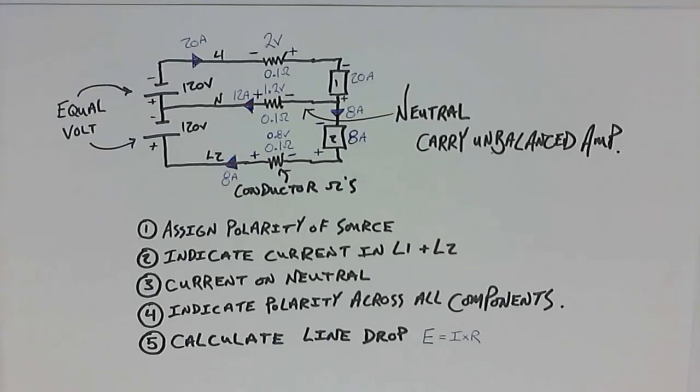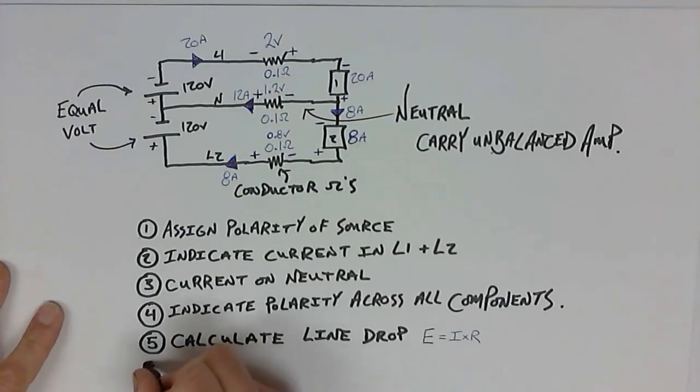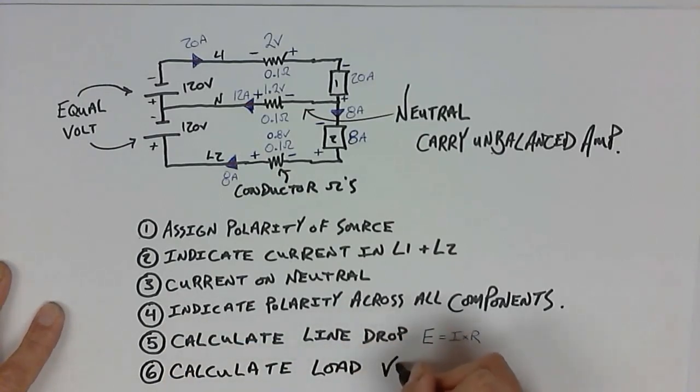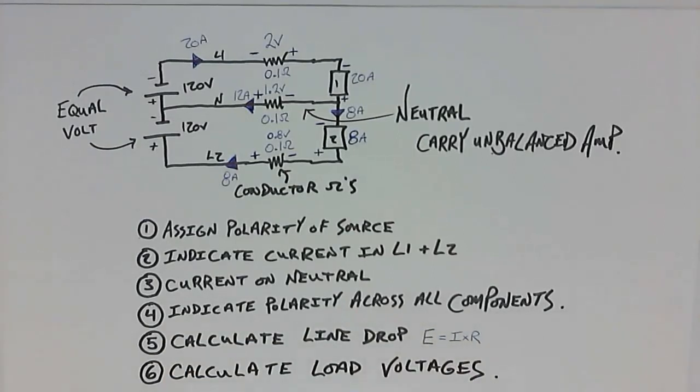Okay, so now we want to finally get to that step to calculate the load voltages. How are we going to do that? Well, we are going to do it in loops.